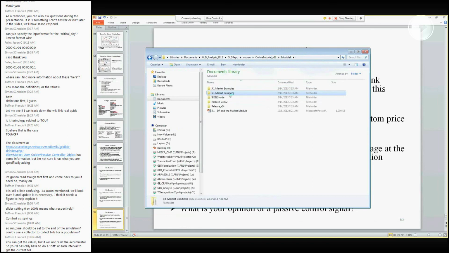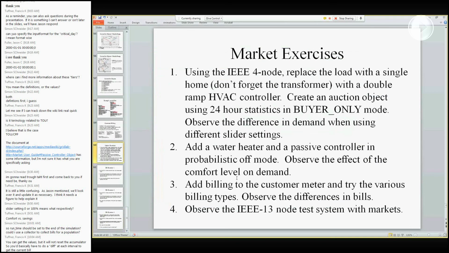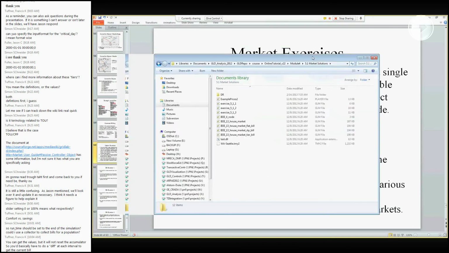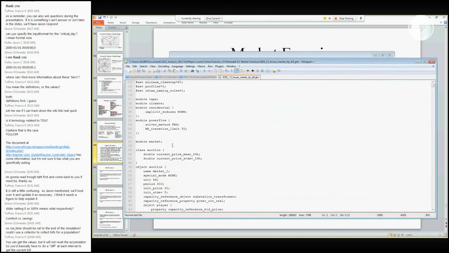We've also included more solutions to these exercises, so you can look at how you would formulate an RTP bill.